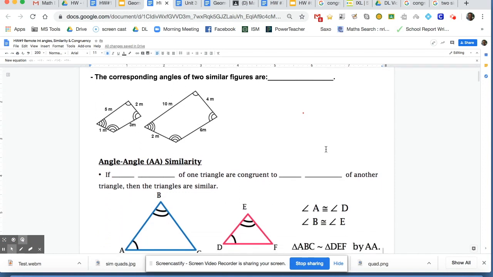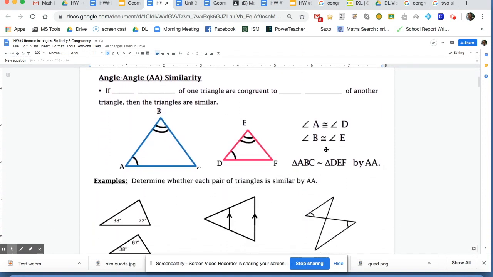And we could look at some shortcuts for triangles. So with triangles, here's an example of a pair of triangles where we only see two pairs of congruent angles. But if there are two pairs of congruent angles, the third pair must also be congruent.